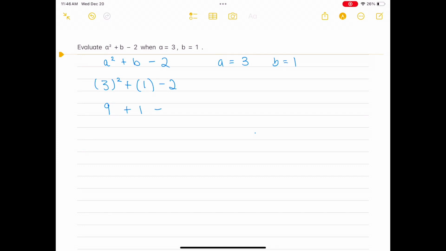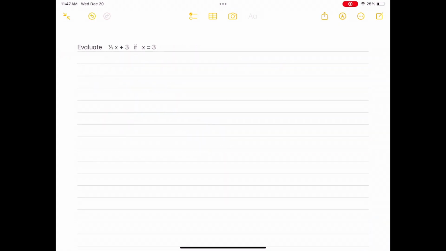So now we have 3 squared plus 1 minus 2. We simplify first the exponent, 3 squared equals 9, and we bring down the rest of the equation, plus 1 minus 2. According to order of operations, we do the addition and subtraction from left to right. So we have 9 plus 1 equals 10, minus 2 equals 8.